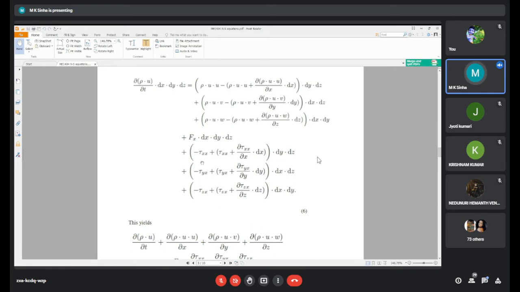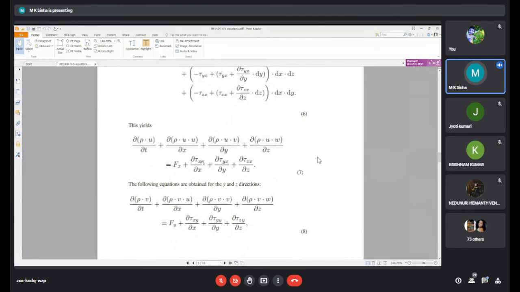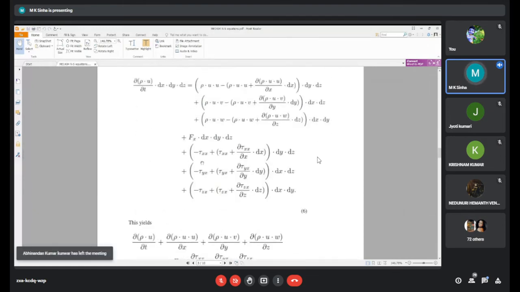Along the z direction, minus tau zx plus tau zx plus del/del z of tau zx into dz, into dx dy. That gives you both sides here.